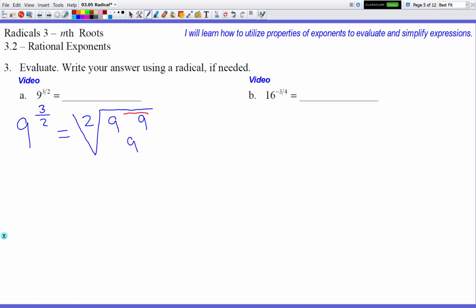So these guys can get circled, right? And if they get circled, they can go outside. So the 9 goes outside. And we're saying to ourselves, okay, the 9 that didn't get circled, can he be broken up into smaller numbers? Because if he can, maybe I can circle those smaller numbers and they can join the 9 that's already out there. So let's see, can 9 be broken up any smaller? Yeah, I think it can.